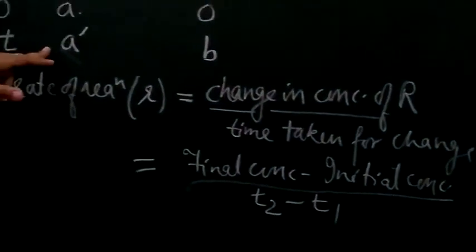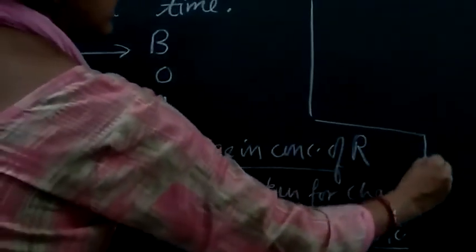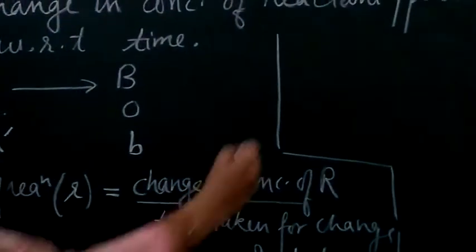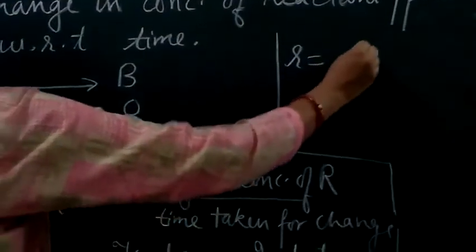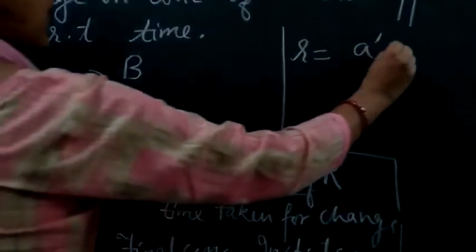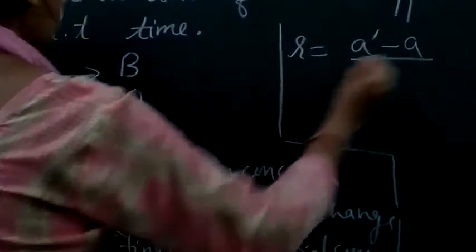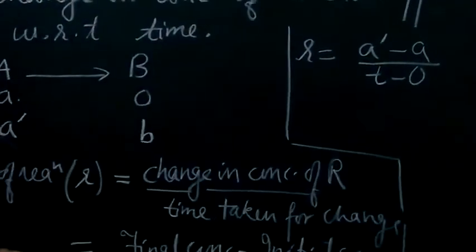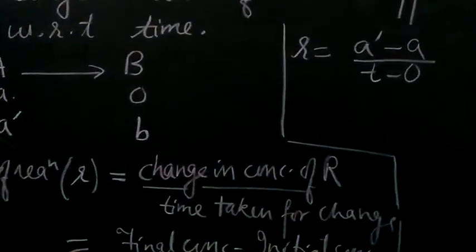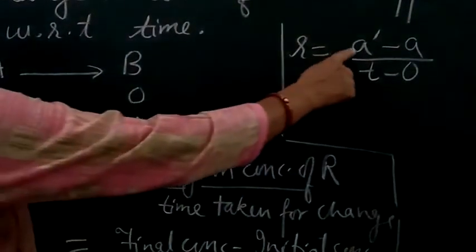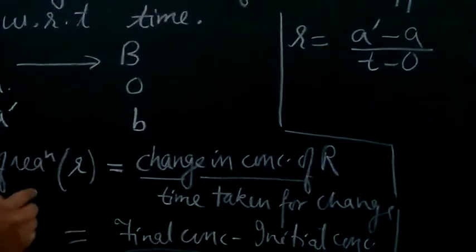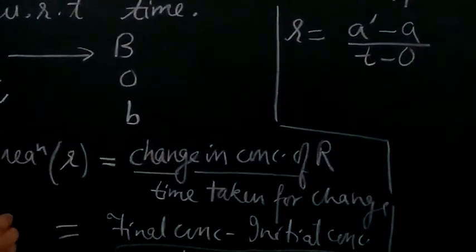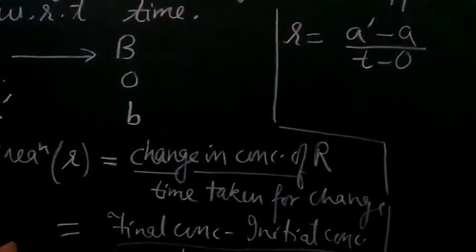So what is the final concentration here? It is A dash. So here r will be equal to A dash minus A upon T minus 0, right? Now if you see here, it is A dash minus A. Now tell me, of A dash or A, whose concentration is going to be very high?